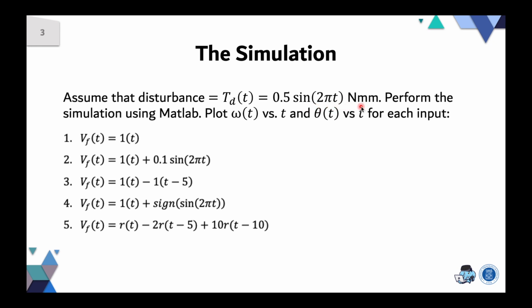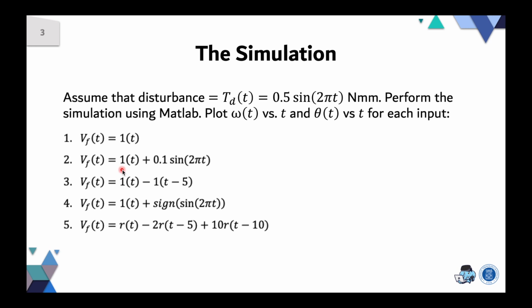The output of the simulation is to obtain the plot of omega against time and theta against time for each input. We have 5 different inputs. The first one is unit step, which means that the voltage is maintained constant at 1 volt.